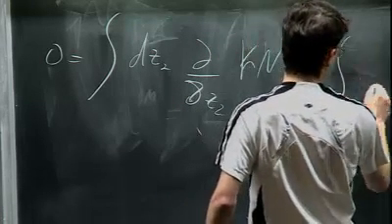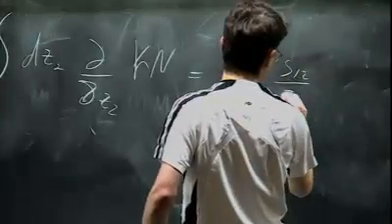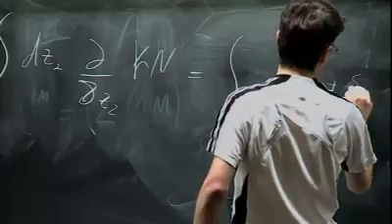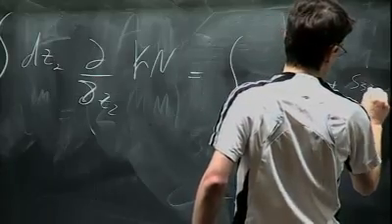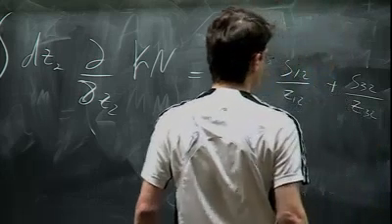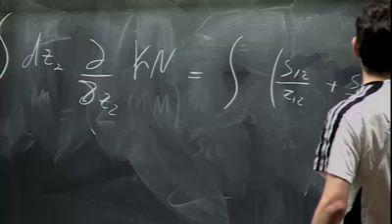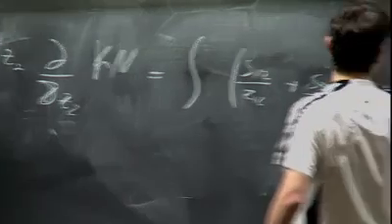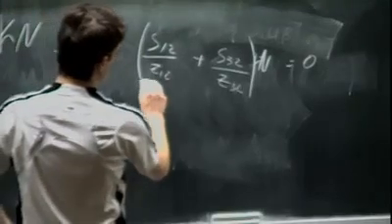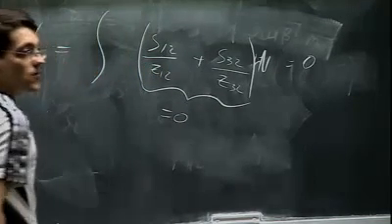And you will get S12 over Z12 plus S32 over Z32. And then that multiplying the Koba-Nielsen, that is 0. So we are allowed to use that this guy is 0 inside the integral.